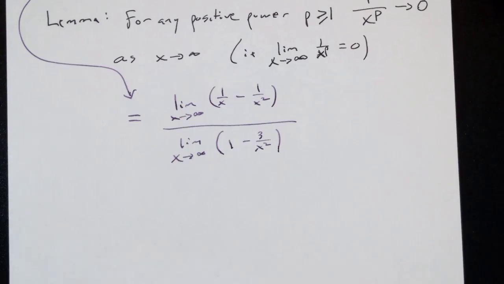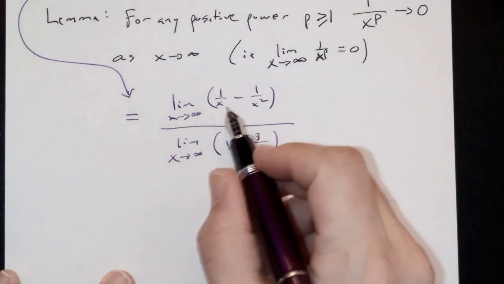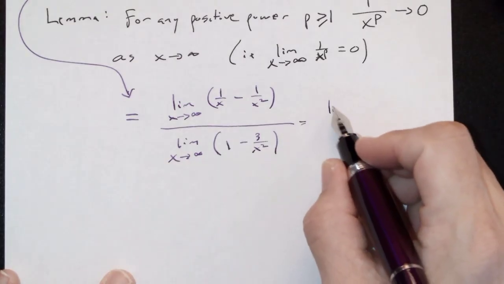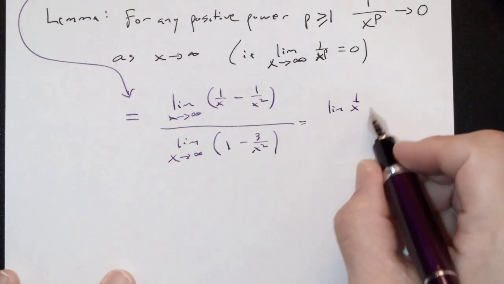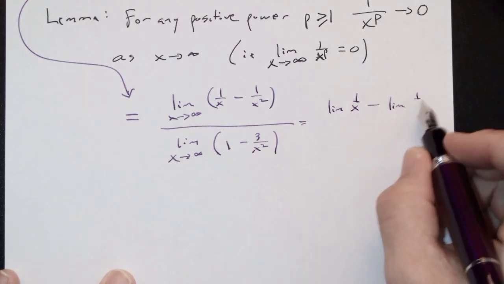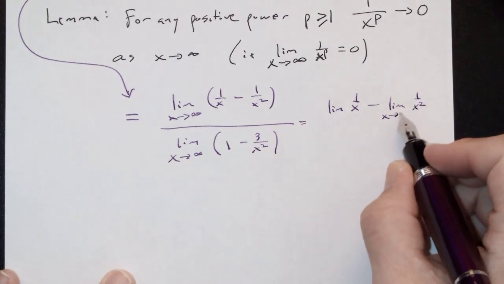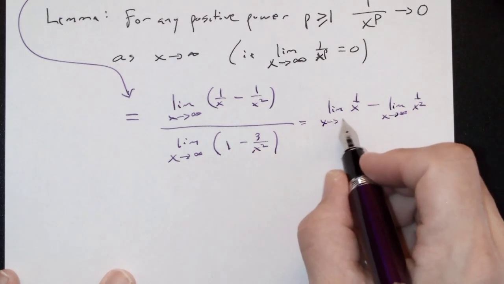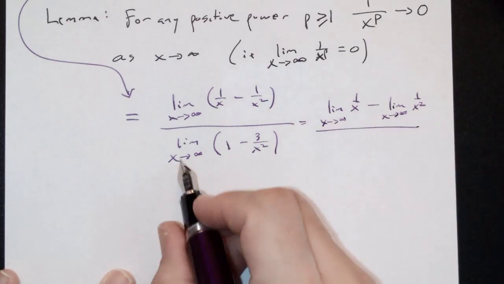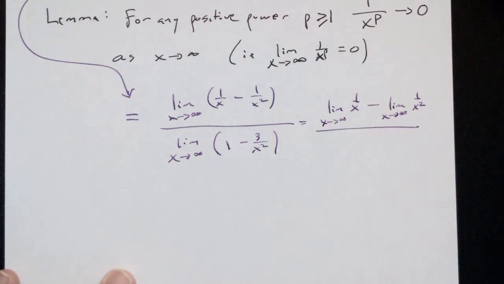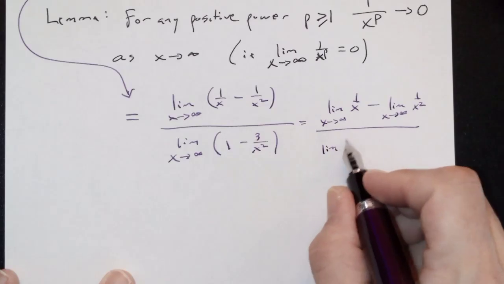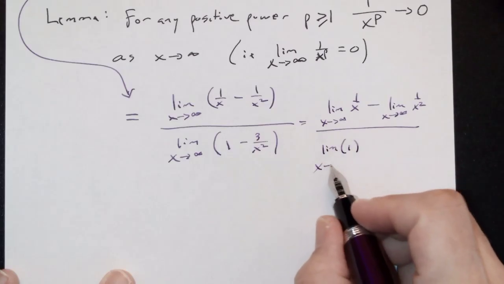The limit of a quotient is the limit of the top divided by the limit of the bottom, as long as the bottom works out to be not 0. Separate subtractions. Limit 1 over x minus limit 1 over x squared, both as x goes to infinity.